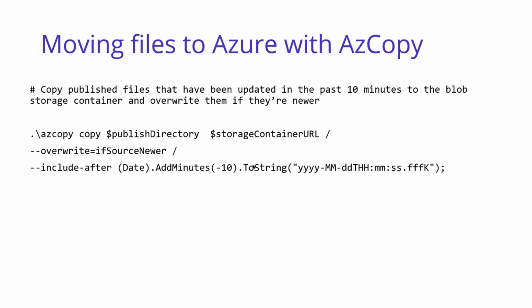And then I'm also overriding if the source is newer, because if you have a large application, it might take a while for things to update. And then I also add another flag here to only include the ones that have been updated 10 minutes ago. So say that you're updating these files and you want it to be quick and snappy, and say that the publish process will take less than 10 minutes. So you want to just upload those ones that have been updated in the last 10 minutes to speed up the process. So you could do that with AZ Copy.